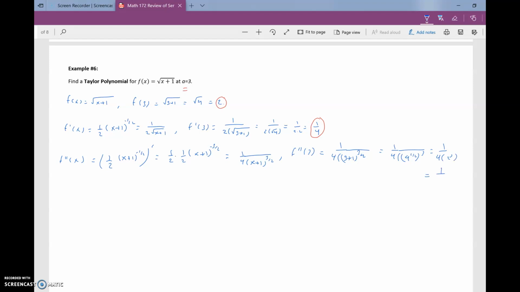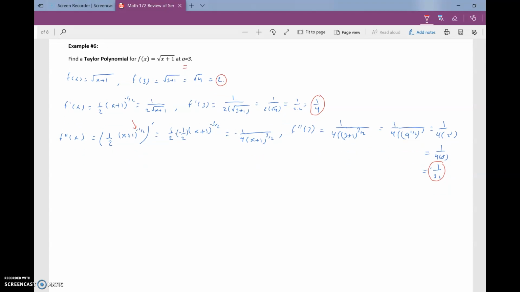So this is going to be 1 over 4 times 8, or 1/32. And I'm missing the sign. So this should have a minus, and that would be a minus. That's because of the derivative. We dropped that negative. So let me just double check, but that should be it. Okay, no need to get more of these values. That's actually it. We will need to simplify some of the constants.